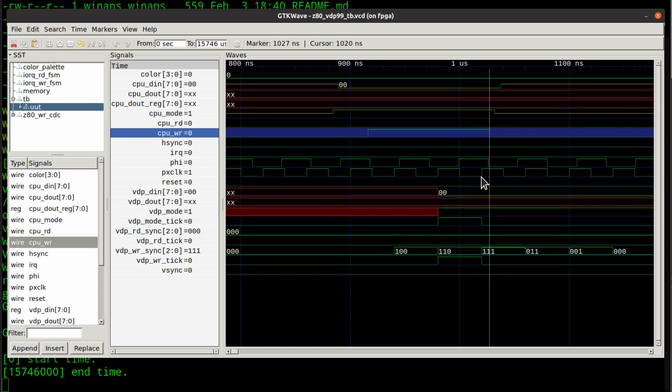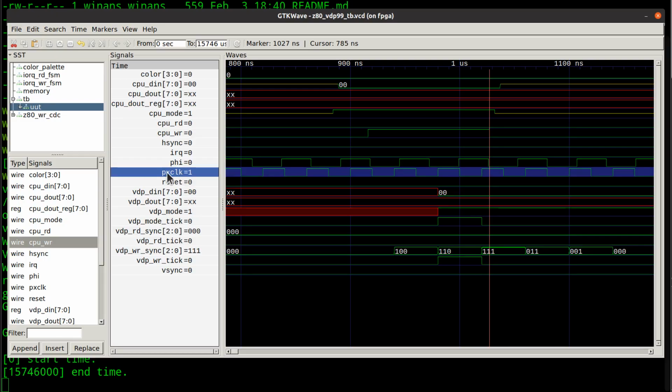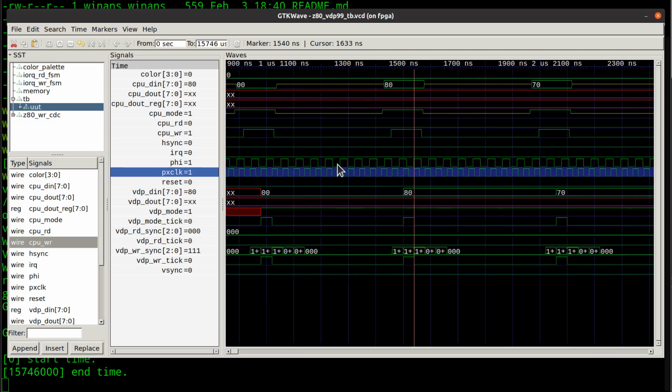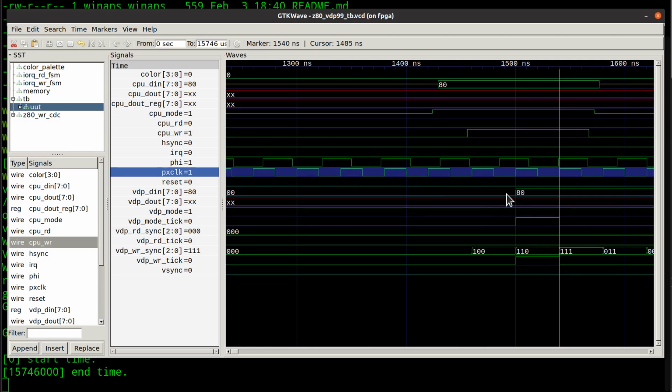With the context, I should include the fact that the rising edge of this pixel clock here is the one that triggers our various synchronous logic, okay? So in this particular case, we're fine, but let's zoom out a little bit here. Let's look at all these other times when the registers are being read and written. Where is this related to the rising edge of phi? That's real bad.